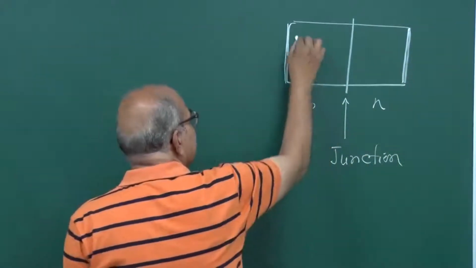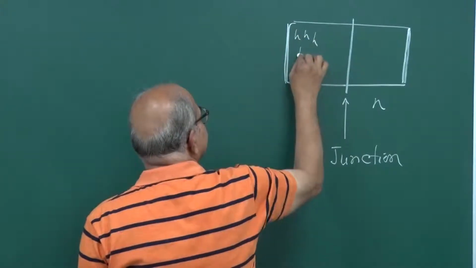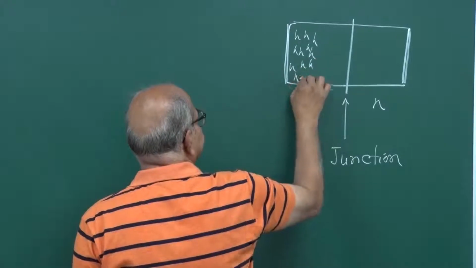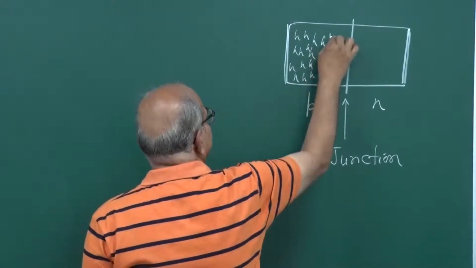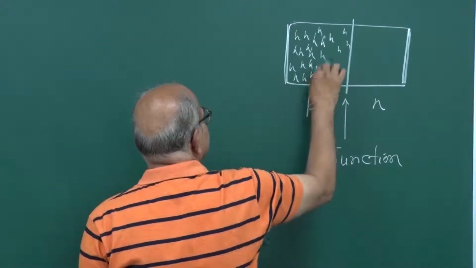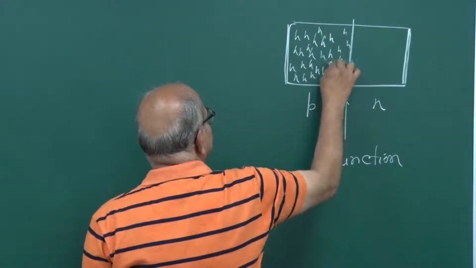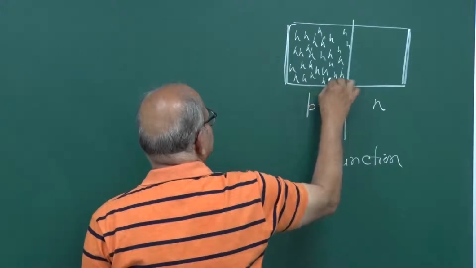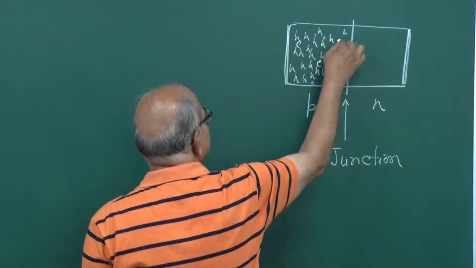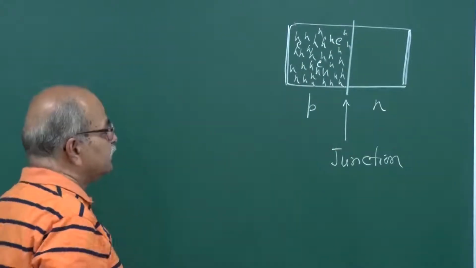And if this is p-type, you have a large number of holes here to start with, and some conduction electrons, minority carriers.